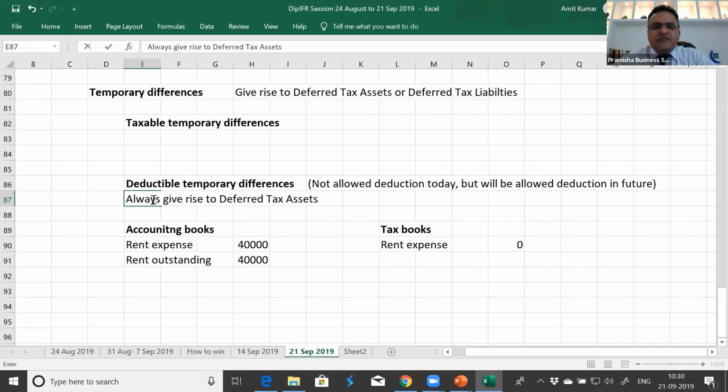If you paid more tax today, we can record it as DTA into our books. This 40,000 is not allowed deduction. If the tax rate is 30%, how much tax payable? 30% of 40,000. Tax payable is 12,000.